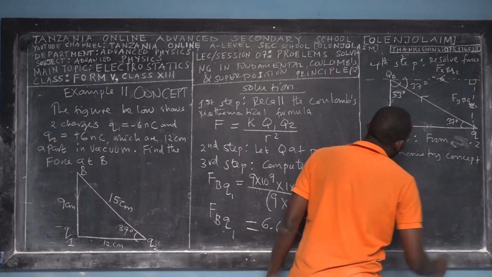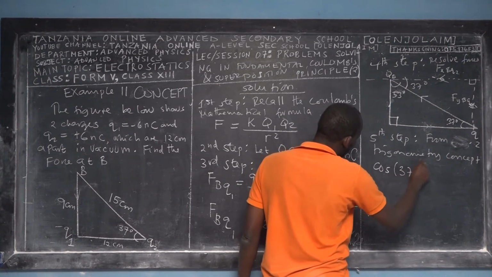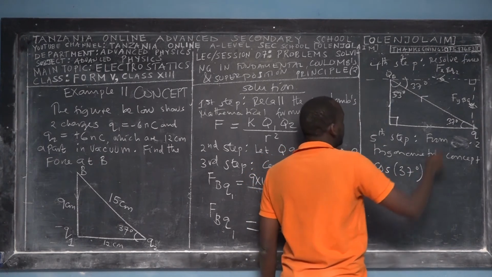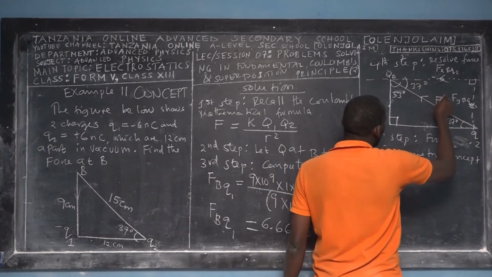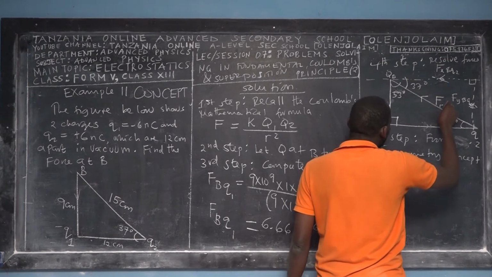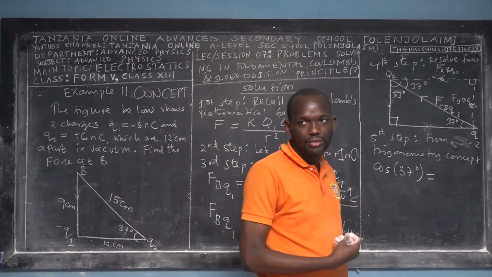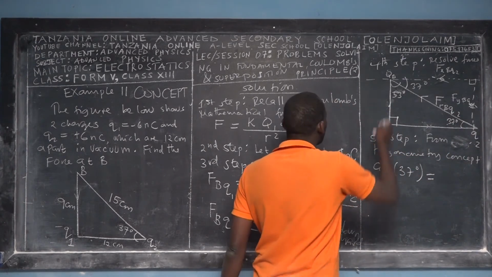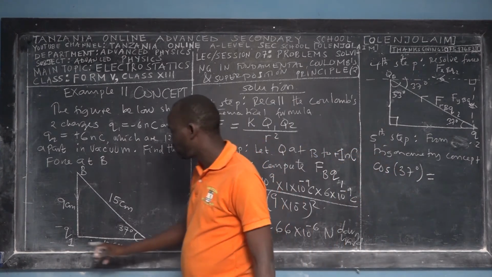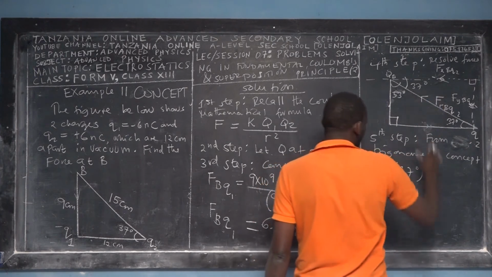So we say cosine of 37 degrees is equal to, suppose that here we have the resultant force acting upon B due to Q2. Not the entire resultant force. The entire resultant force is due to Q2 and Q1. I'm not talking about that, but this is the partial force.